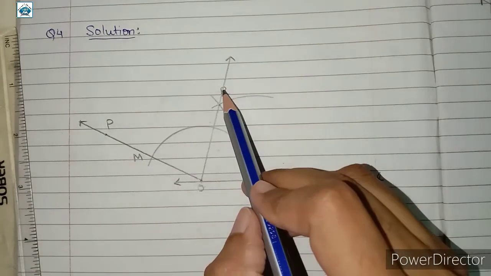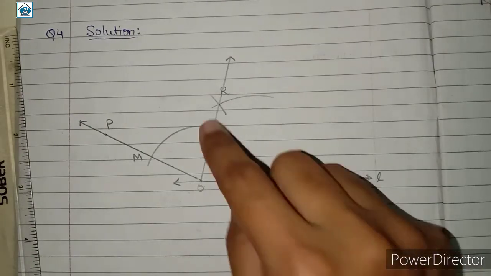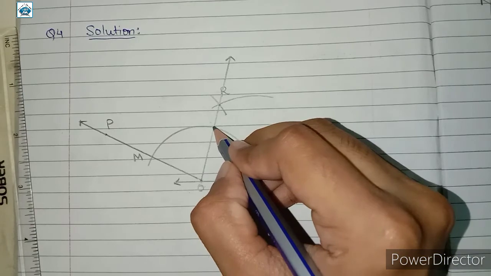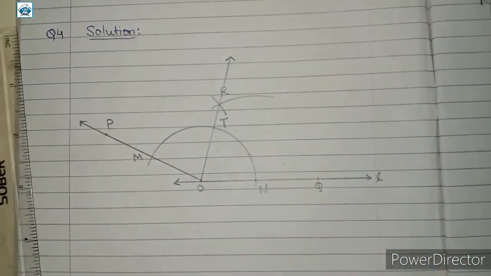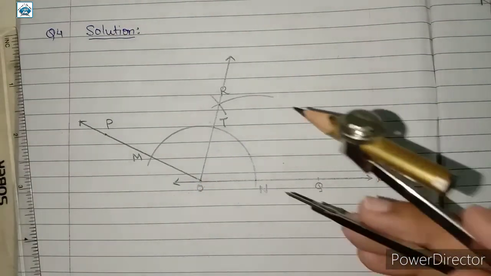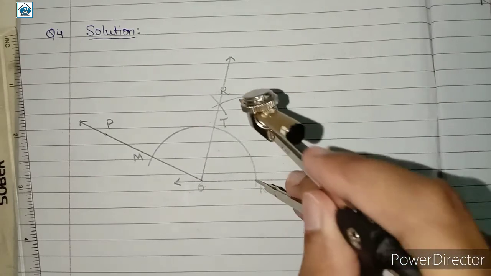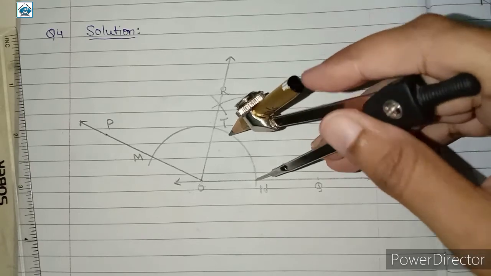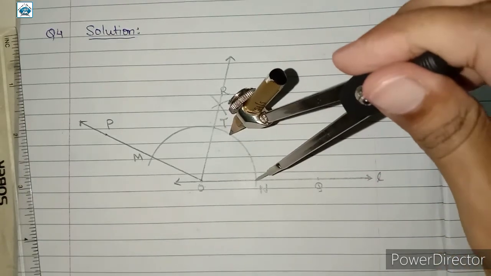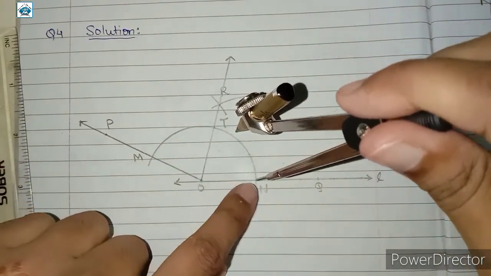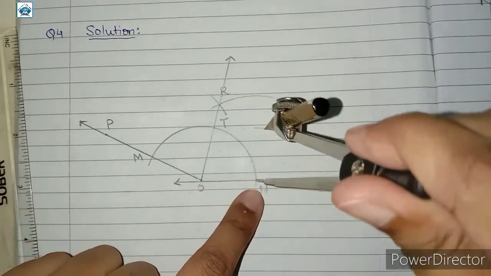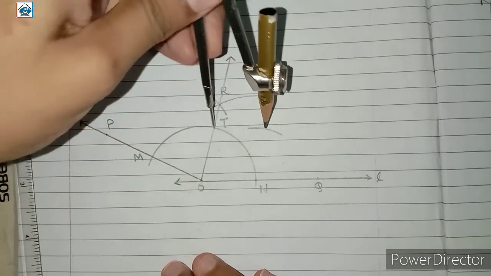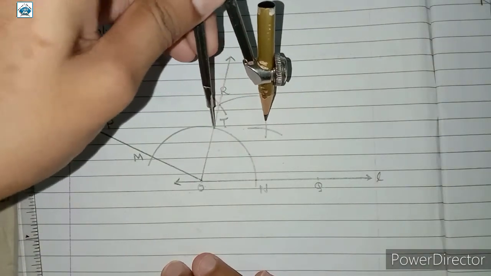Now consider angle ROQ. You already have 2 points over here. I am going to name this point T. Once again repeating the process of drawing the bisector with a radius having more than half the measure of this distance NT, and with N as the center I am drawing an arc like this, and with T as the center I am drawing another arc to intersect the previously drawn arc.